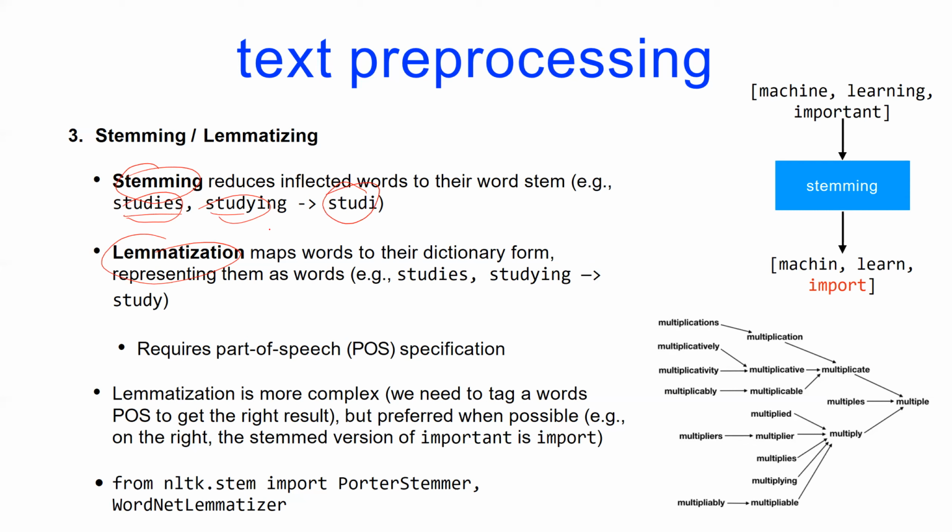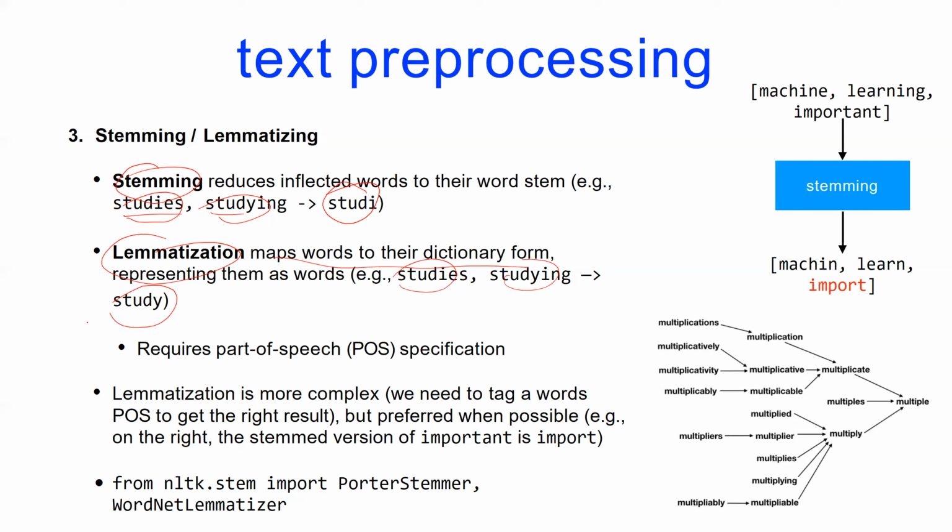A better way is to map words to their dictionary form. For example, studies and studying we reduce to study. This is of course the preferred way, but in order to do this, you need an understanding of the language. Usually we need to have well-defined dictionary forms on the side. Someone needs to create that first, by understanding the language, to at least know that studies and studying share the same origin.